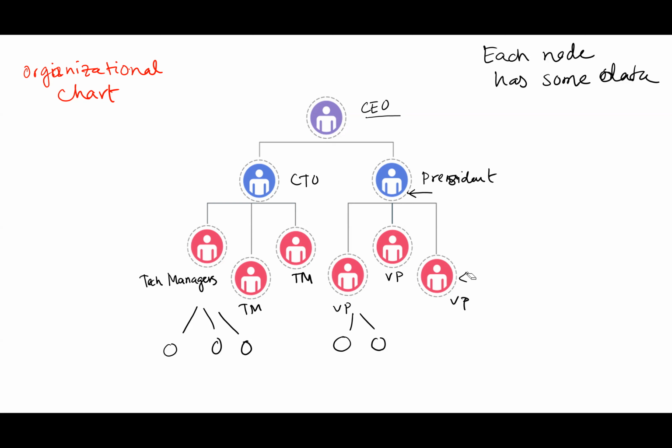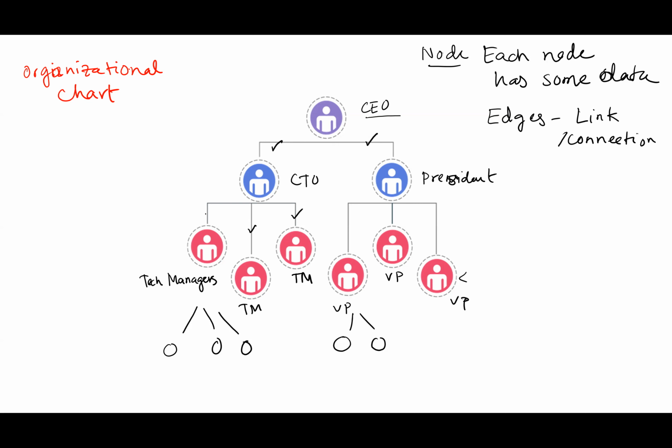And then the next thing that comes is edges. Trees consist of nodes and edges. Edge means the links or connections. So each node is actually linked. So this is one edge. This is another edge.